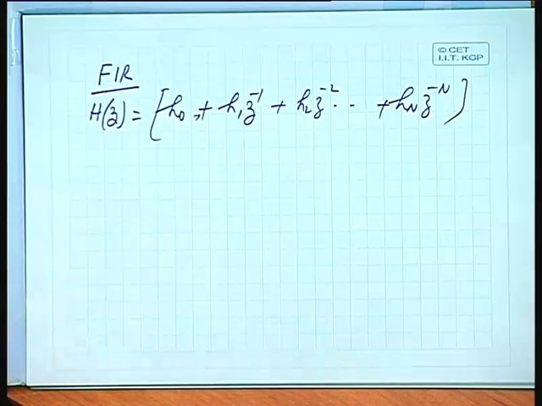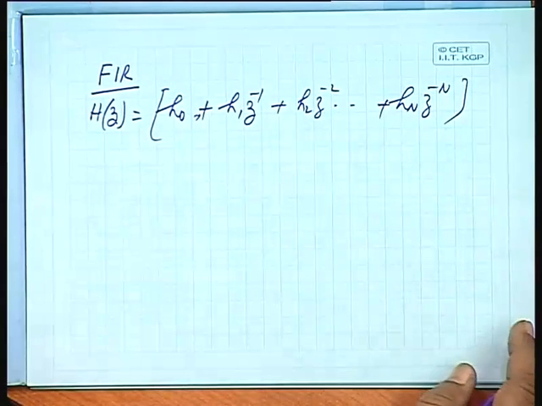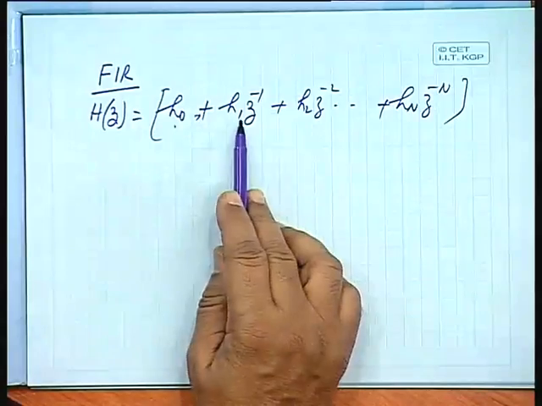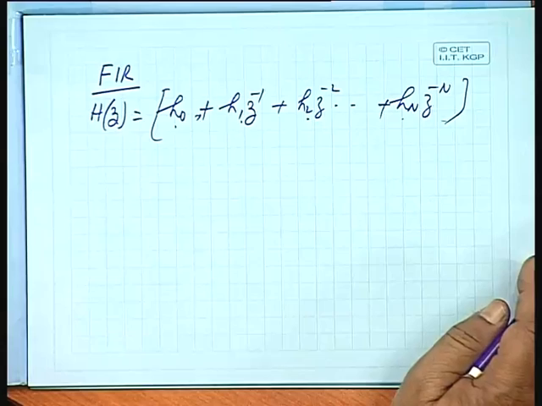This is the type of filter coefficients that you want to find out. Suppose I ask you to design a filter having linear phase characteristics, then these coefficients will have symmetry. We have just now seen if there is a symmetry, there is a linear phase characteristic, and if I give you the gain function, you can calculate what will be the h, the coefficients.